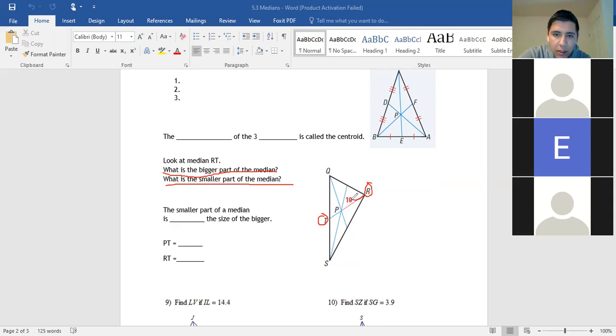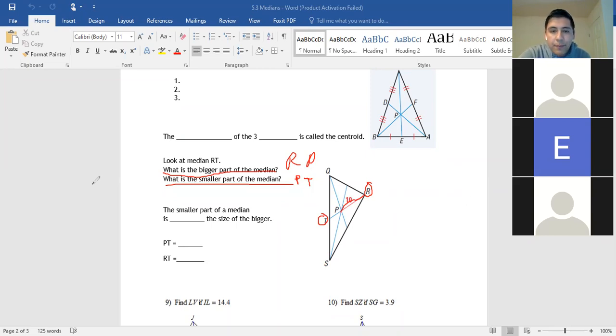So from R to P, that's our bigger part. What is the smaller part then? T to P, or P to T, whichever way you want to put it. So that's the smaller part of the median.